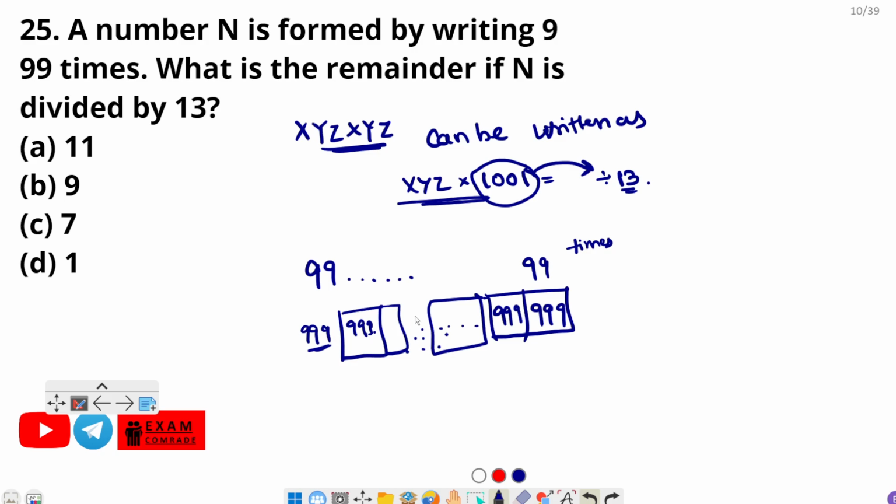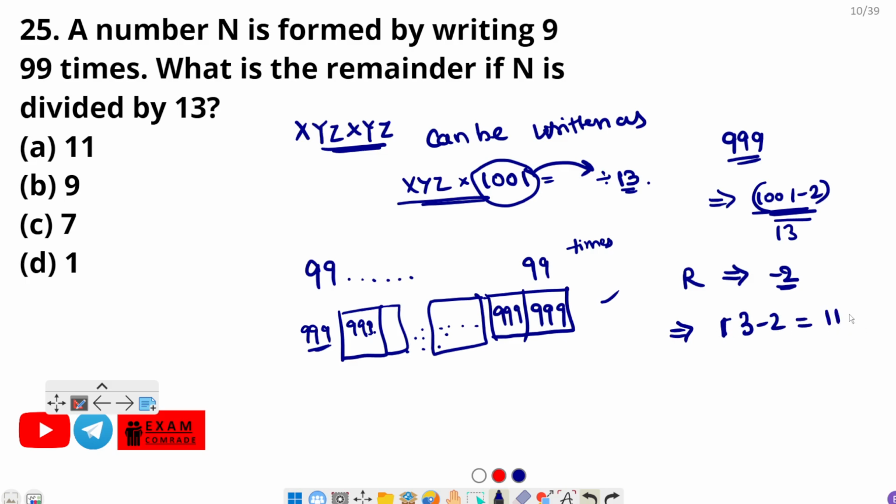The remaining portion is 999, which can be written as 1001 minus 2. We know that 1001 is divisible by 13, so the remainder is minus 2, which implies 13 minus 2, that is 11. 11 is the answer.